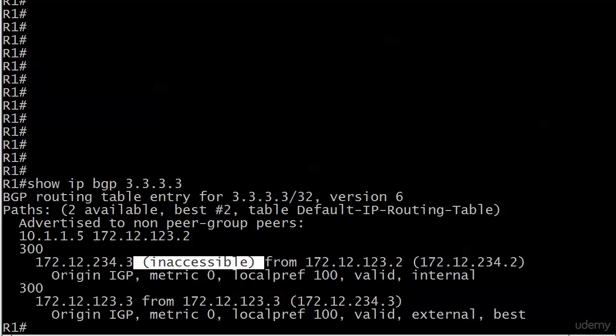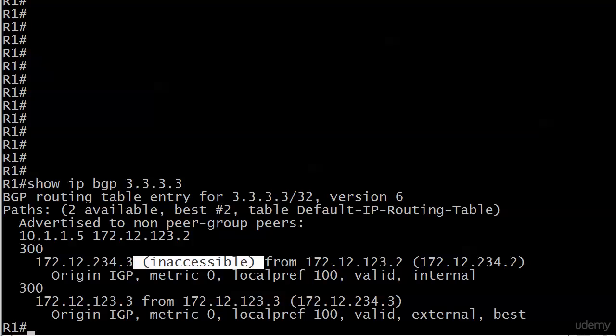172.12.234.3 for router 1. And router 1 says, hey, I don't know where the 172.12.234 network is. I can't get to this address. I don't have an entry that even begins to match it. Because remember from our previous video and the IP addressing, router 1's directly connected to the Ethernet segment, 10.1.1.0/24.